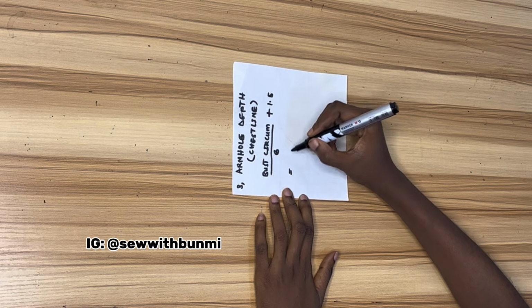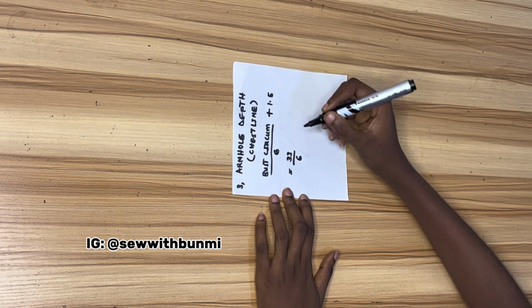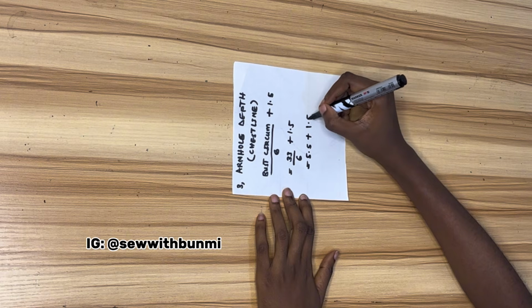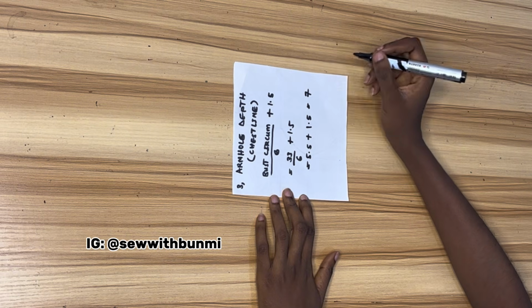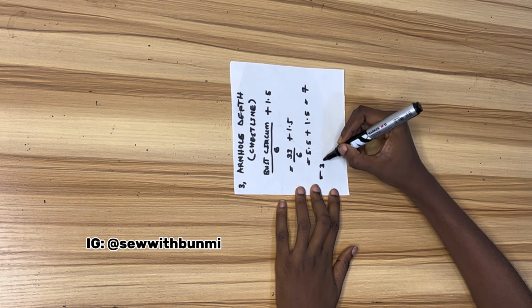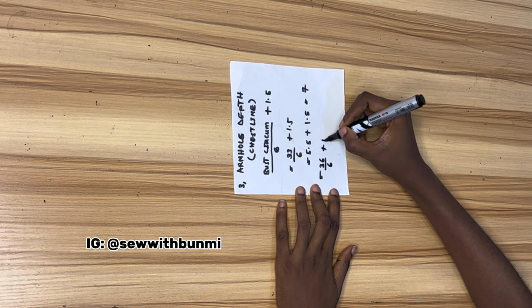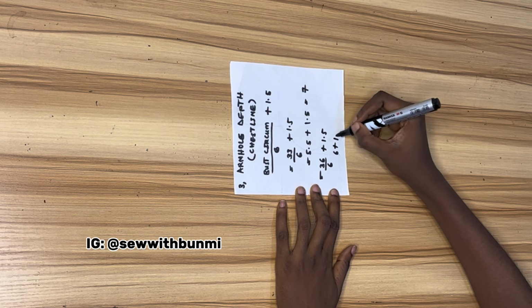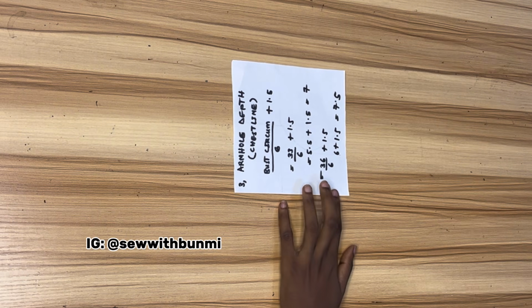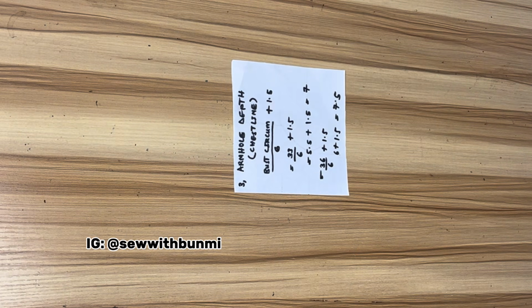Alright, so my bust circumference is 33 divided by 6 plus 1.5, and that is 5.5 plus 1.5, and together I have 7 inches. So if your bust circumference is 36, that will be 36 divided by 6 plus 1.5, and that will give me 7.5 inches as the armhole depth.